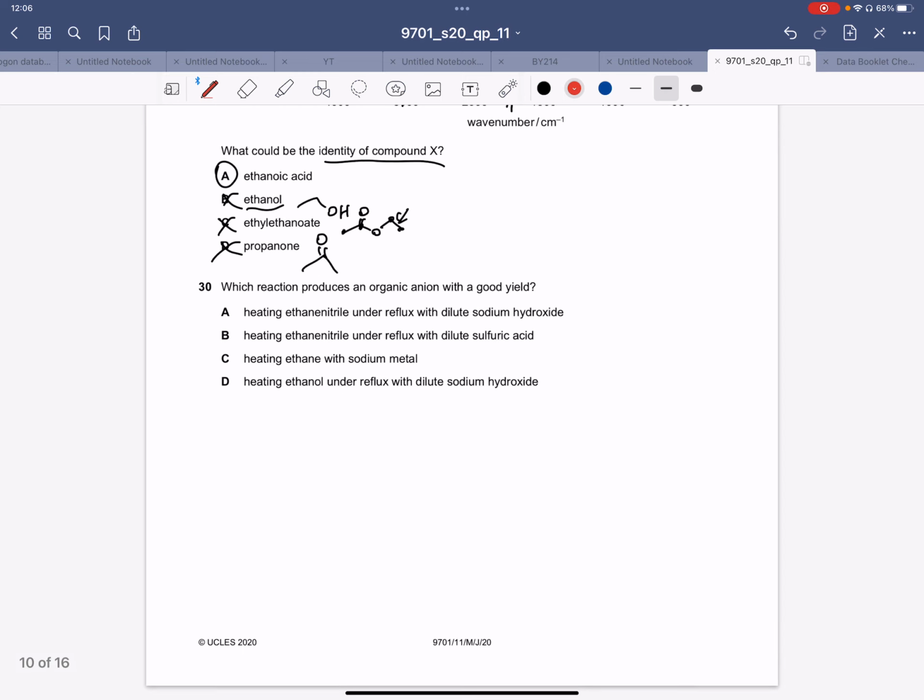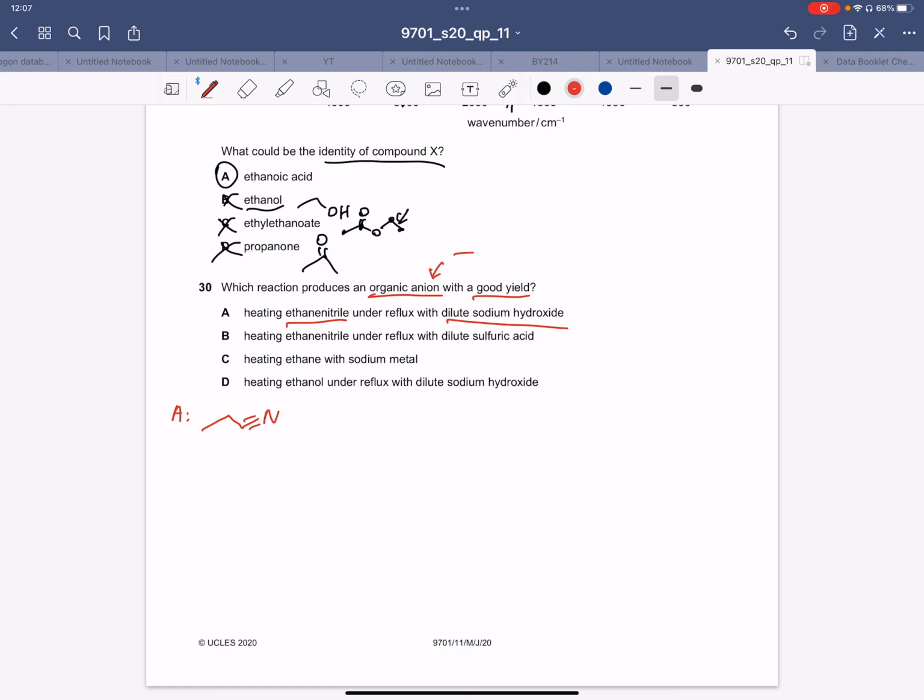All right, last question. Which reaction produces an organic anion? Okay, so an anion, you know, has a negative charge. Let's go through these real quick. I'm actually going to solve the questions down here. Heating ethane nitrile under reflux with dilute sodium hydroxide. Ethane nitrile looks like this: you have the C2H5, and then you have the CN.